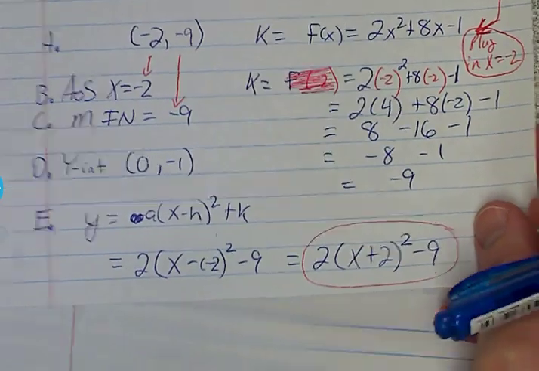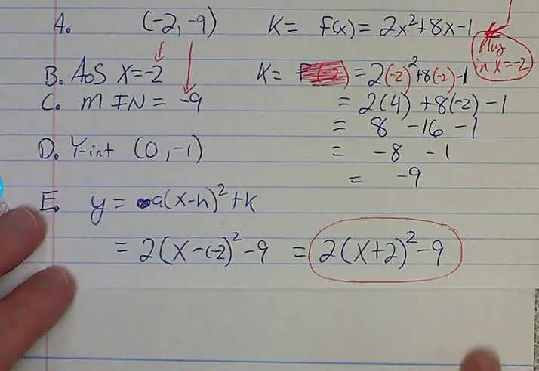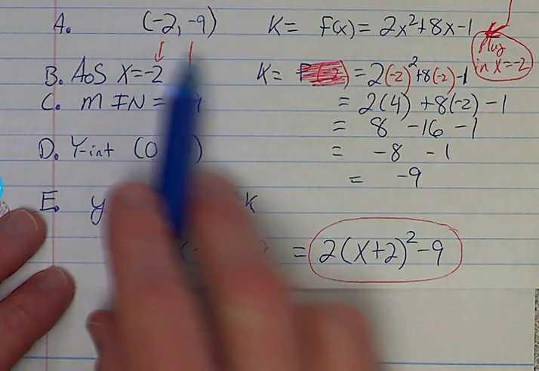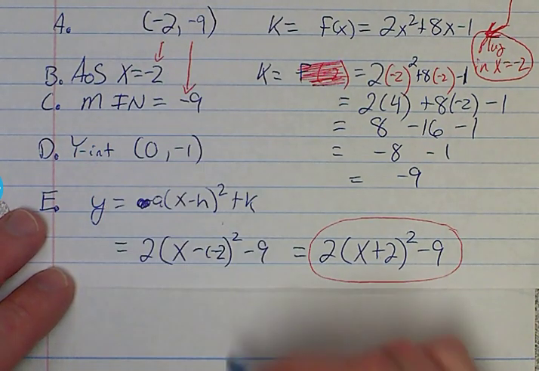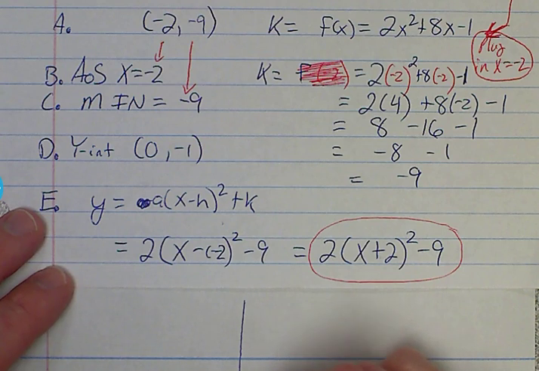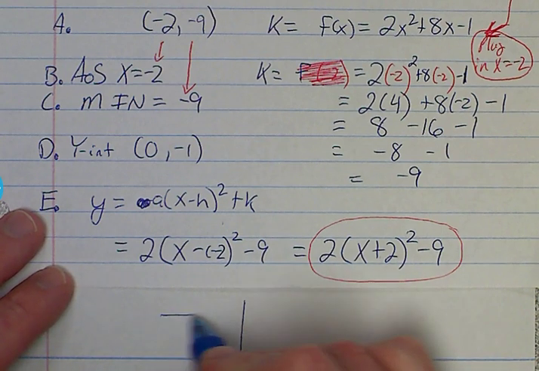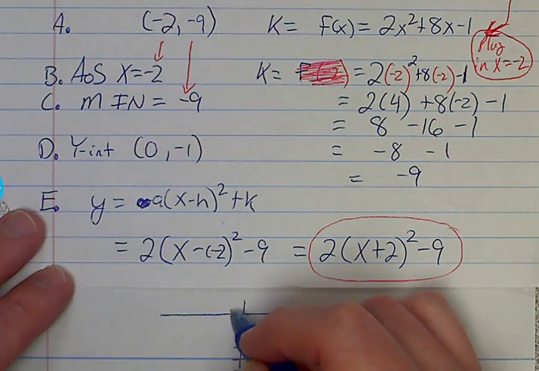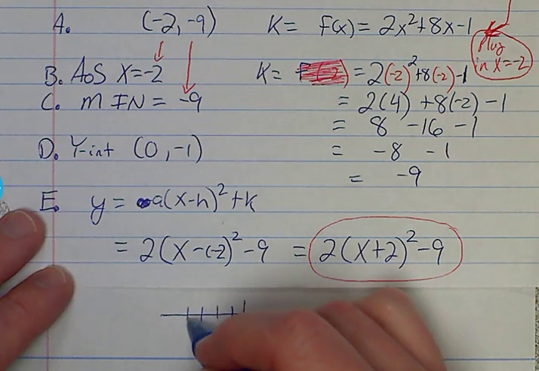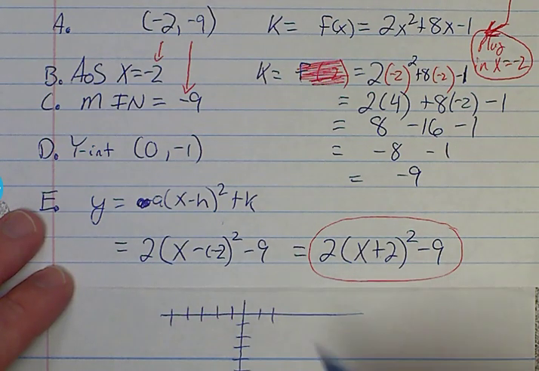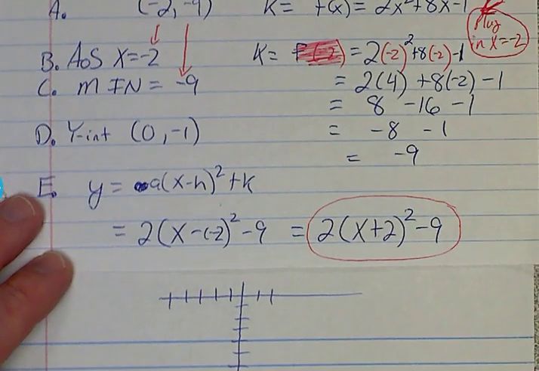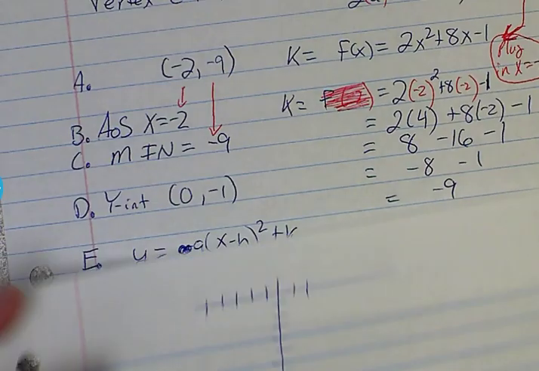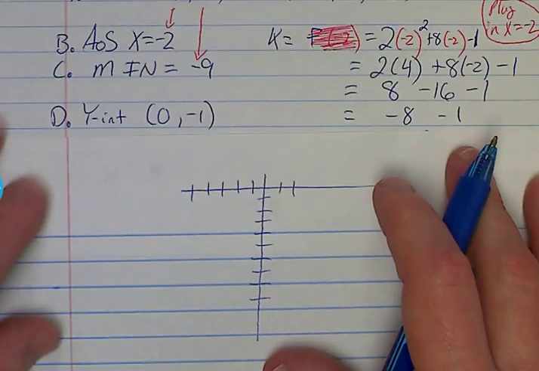All right, so now we've got to graph it. Because the vertex is at negative 2, negative 9, we're going to need a lot of room at the bottom of the graph. Okay, I'm going to cover that part up now, because we'll go back to here.